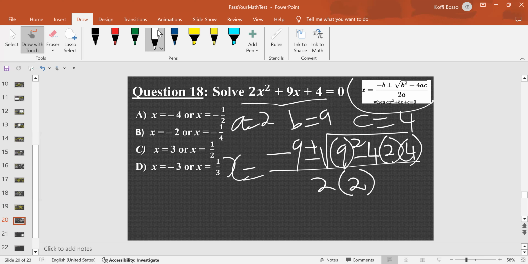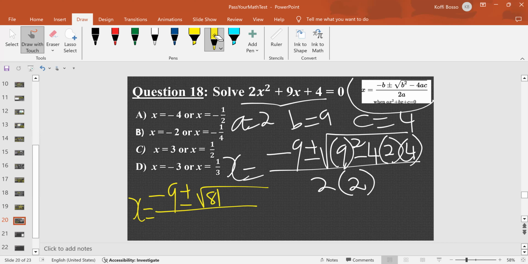So we're going to have x equal to negative 9 plus minus square root of 9 squared, which is 81, minus 4 times 2 times 4. We know that 4 times 2 is 8, and 8 times 4 is 32.